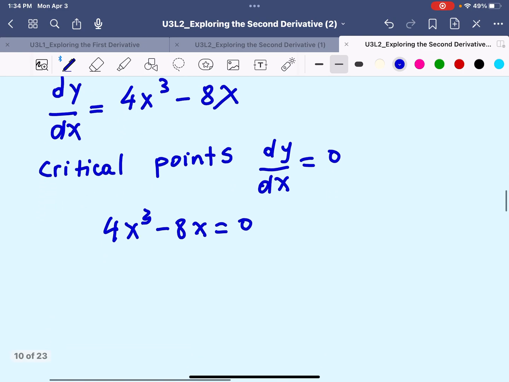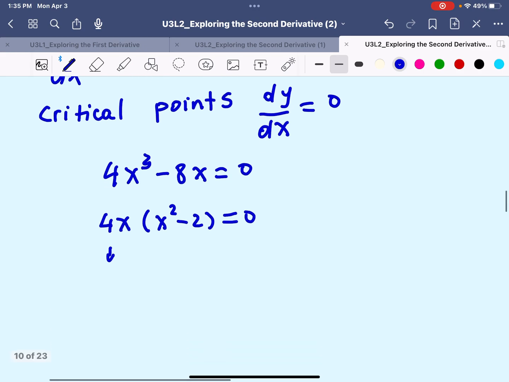So let's solve. We have a common factor of 4x, and then x squared minus 2 equals 0, which means that in this case we'll have the following critical points. One would be at x equals 0, so 4x equals 0 at x equals 0.